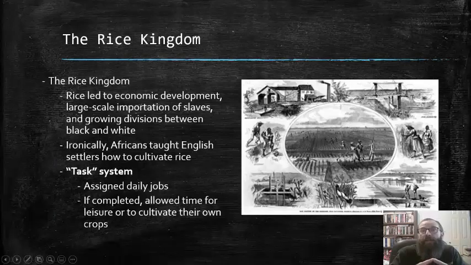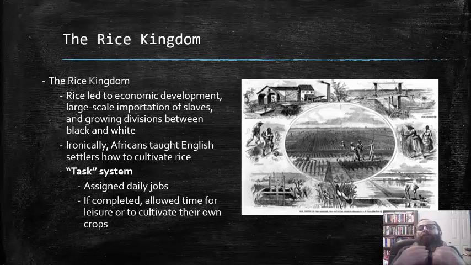Now, down in the Carolinas, as opposed to tobacco in the Virginias, rice became the dominant crop that fueled the economy in that region. Rice led to expanded economic development, a large-scale importation of slaves, and, like in the Chesapeake region, growing divisions between black and white. Now, ironically, it must be noted that it was actually Africans who taught English settlers how to cultivate rice.